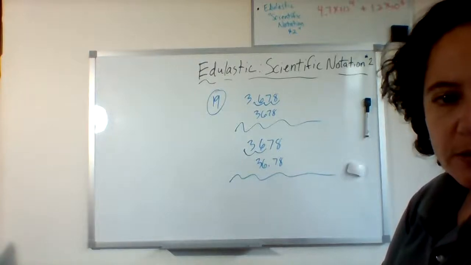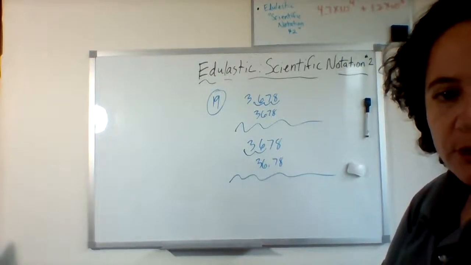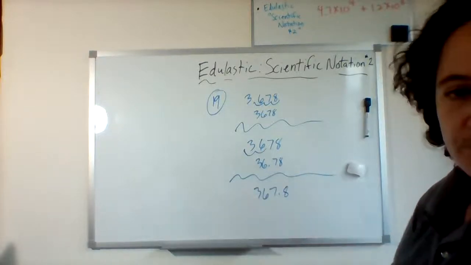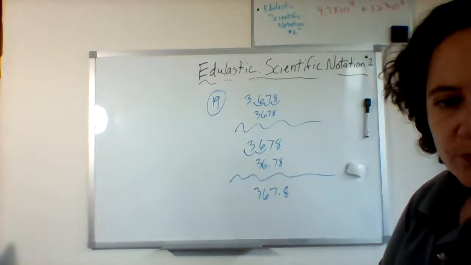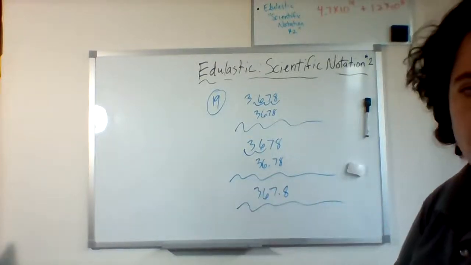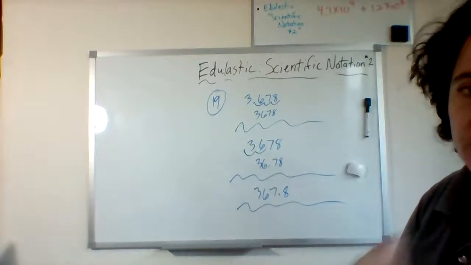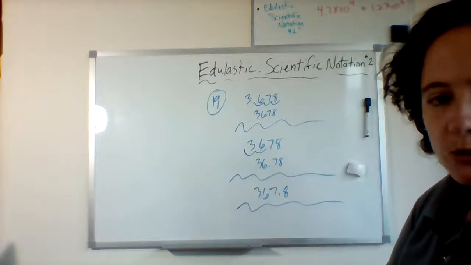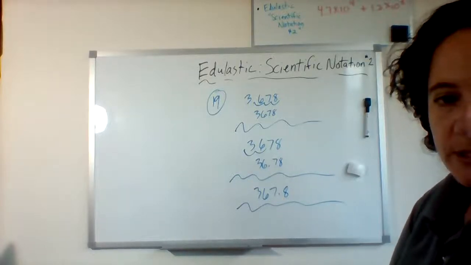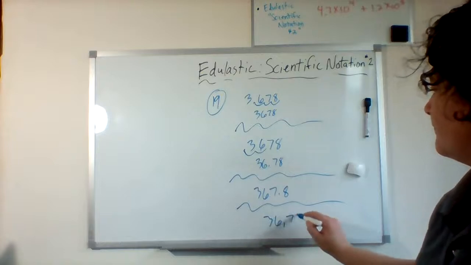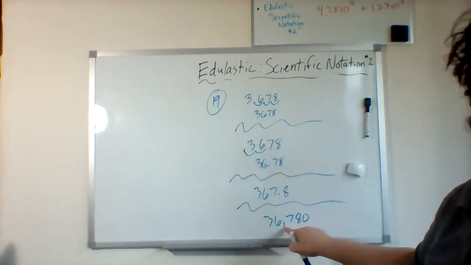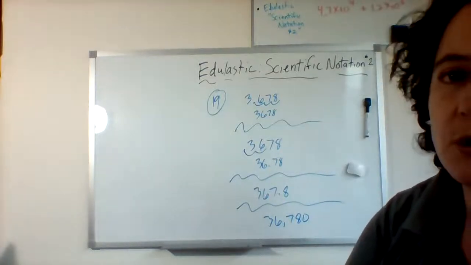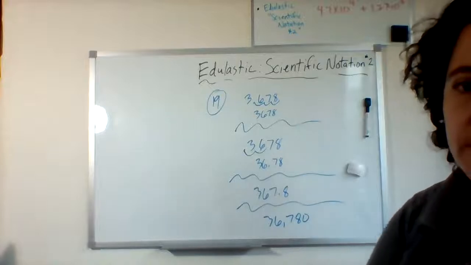Times 1,000 again, but because they put the decimal in front of the 3 this time, it should be 367.8. 1, 2, 3. Times 100, but they put the decimal in front of the 8. So if you move it twice or multiply by 100, you would get 36,780. And that's a decimal, that's a comma. 36,780. Okay?